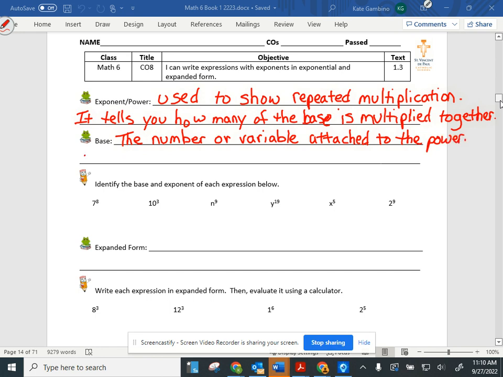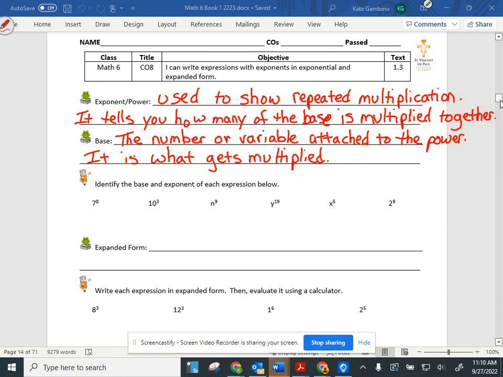It is what gets multiplied. So it's the big number or letter. So let's look down below.